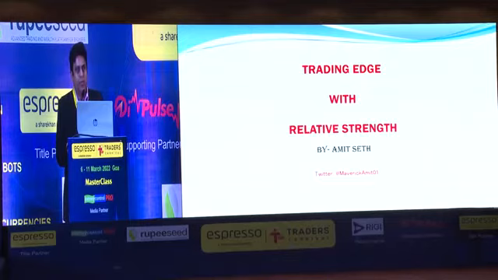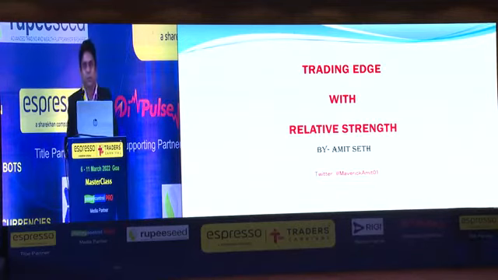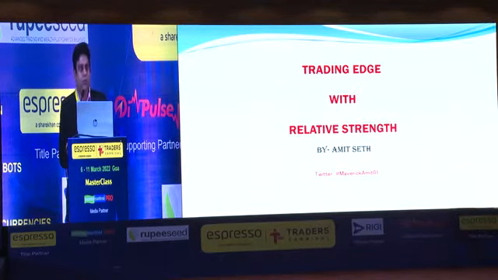So we use edge to improve this probability. The topic I am covering today is relative strength, and it may prove to be useful to you in your positional trading setups. I am basically a positional trader, and this setup is very useful for positional trading.